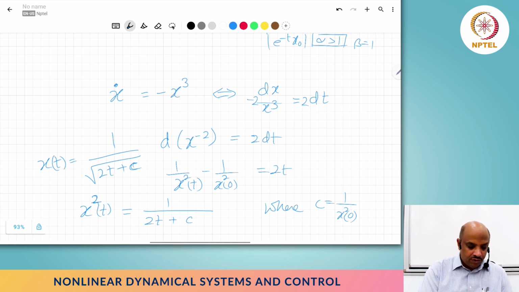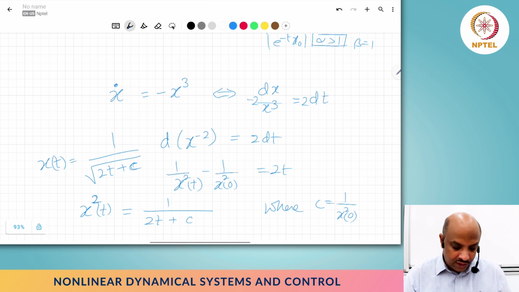Either way, whether it is plus or minus, you can clearly see that there is an asymptotic convergence, because as t gets bigger and bigger, the denominator gets bigger and bigger, and therefore we'll have a 0. Is this exponentially stable? I will leave it up to you to think, and most probably it's not, because 1 over square root of t may not behave like an exponentially decaying function. So I'll leave that question to the audience.